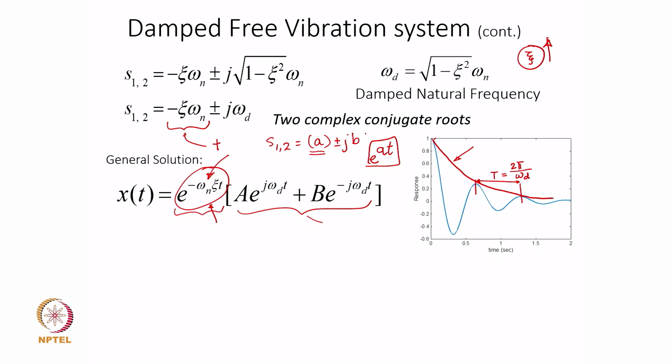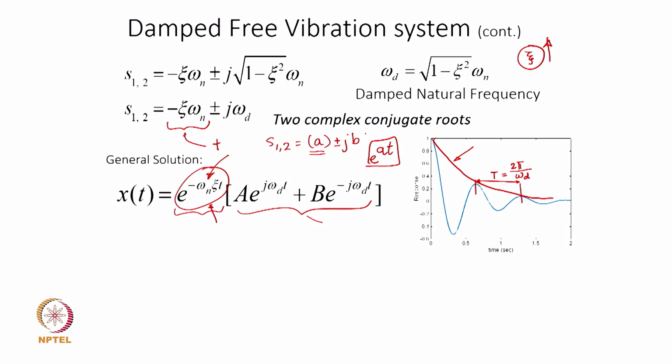In some cases, which one or two cases we might discuss in future, you may have a root with a positive real quantity, and that creates an exponentially increasing amplitude, which essentially means that the system is not a stable one, but an unstable one.